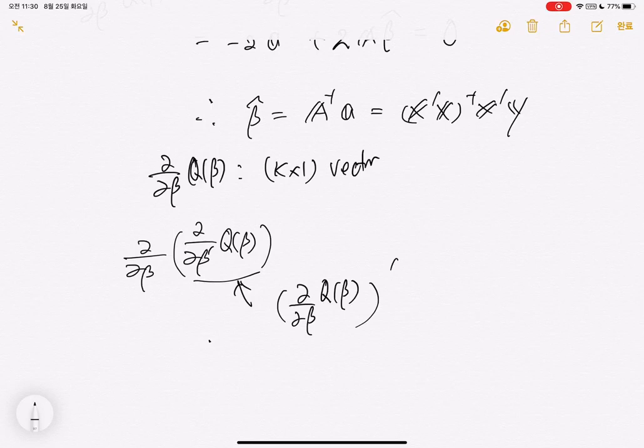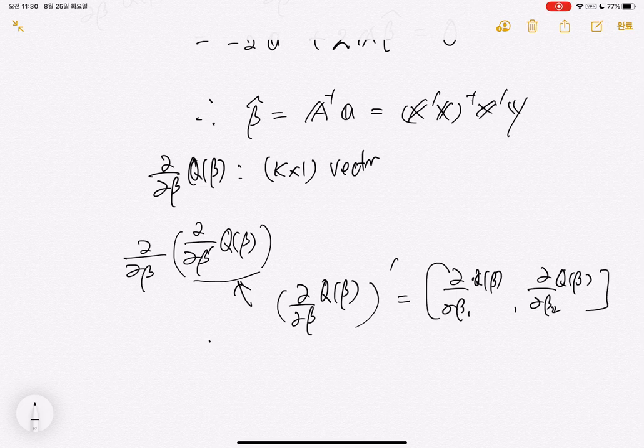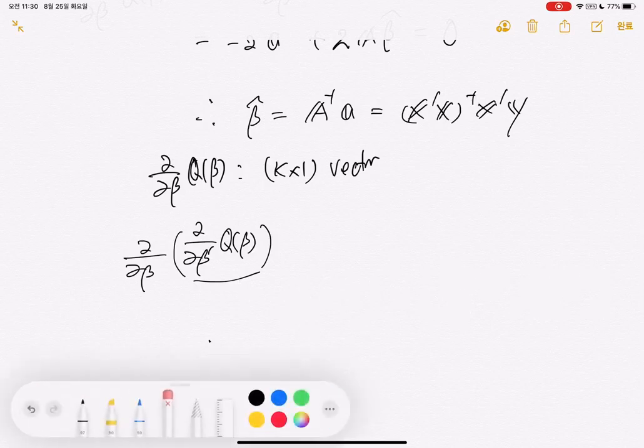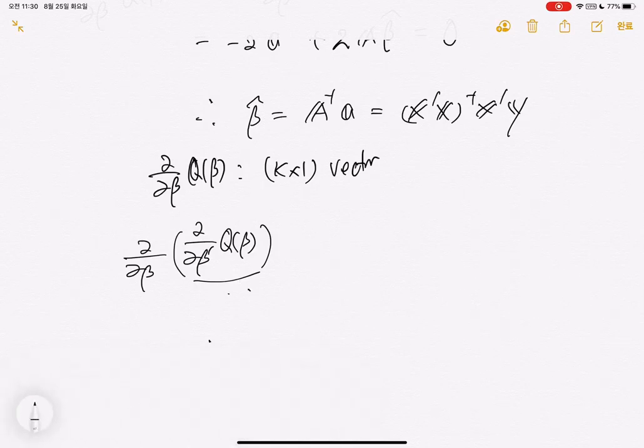So it's like partial beta 1 Q of beta, partial beta 2 Q of beta. Okay, so this is a 1 by k vector, and this is a k by 1 vector operator, so you get a k by k matrix.